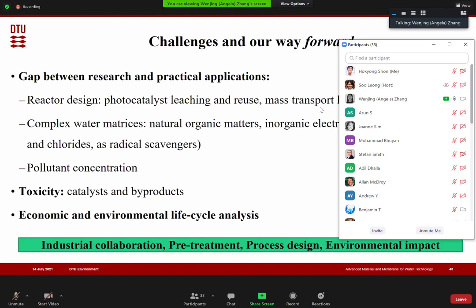And in our department, we also have a research group that focuses on environmental impacts for water, for chemicals, for the process. So when we design our processes and our materials and membranes, we always collaborate with researchers in that field as well, to make sure we have an overall evaluation of what we do.